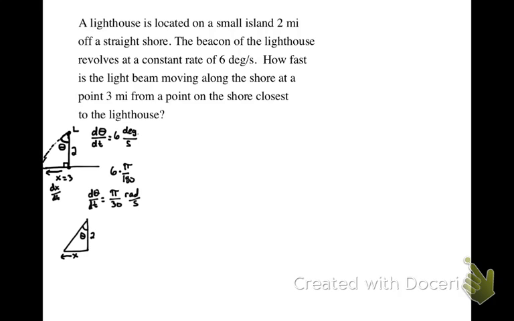So I've got an angle. I've got the side opposite the angle. I've got the side adjacent to the angle, which means that the opposite over the adjacent must be equal to the tangent of the angle, or also x must equal 2 times the tangent of the angle. Right? This is the relationship between the things that are changing.